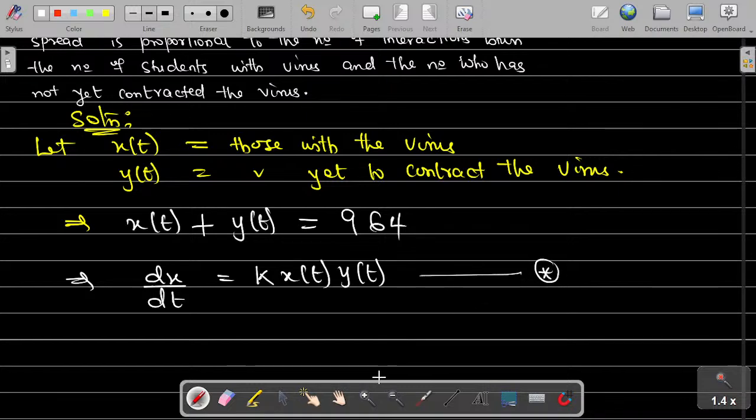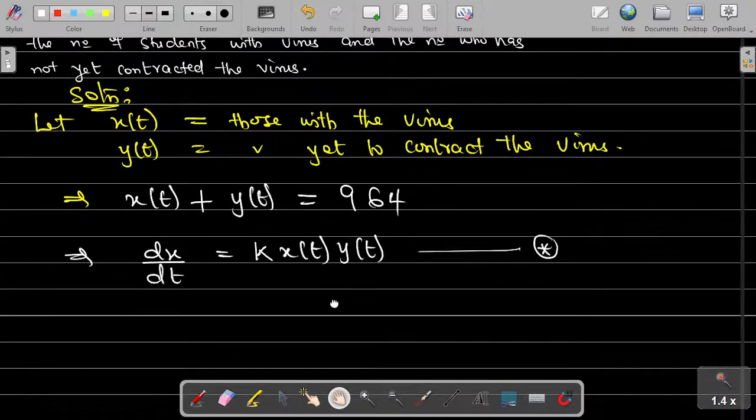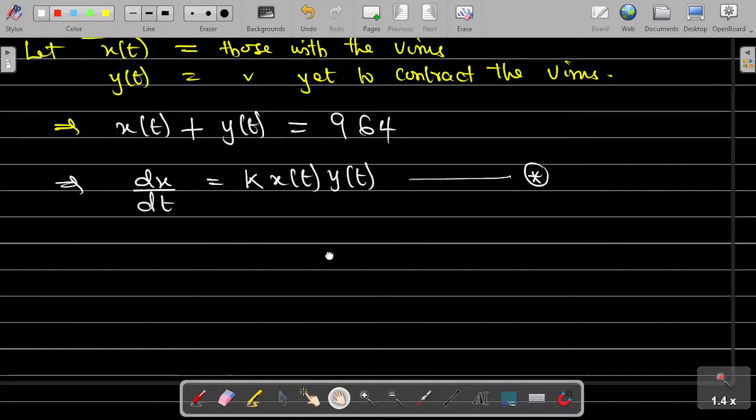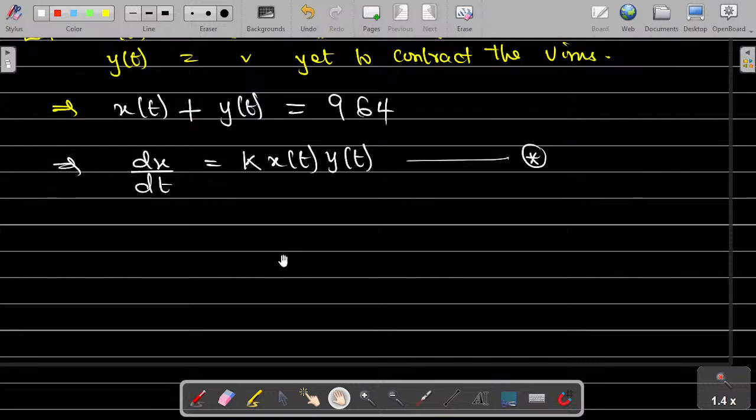We are now asked to use that equation to get the differential equation we are looking for. We are trying to model a differential equation that will represent the interaction between those that have the disease at a point and those that do not have it.